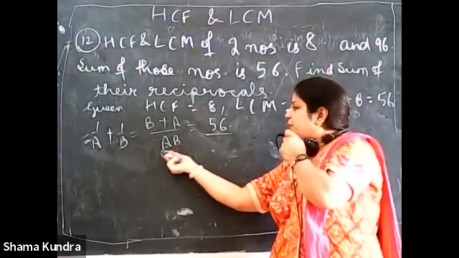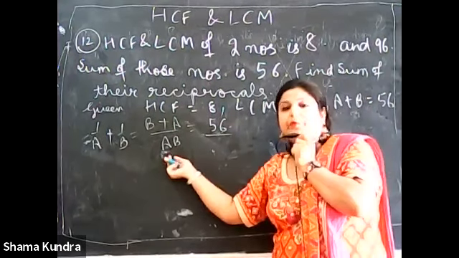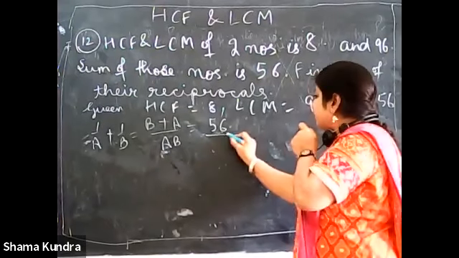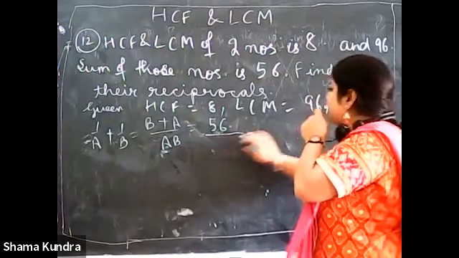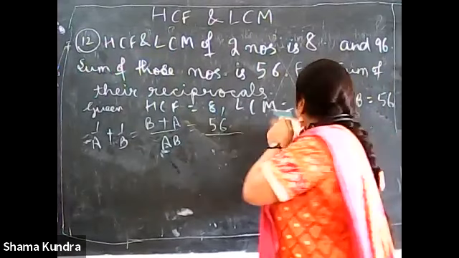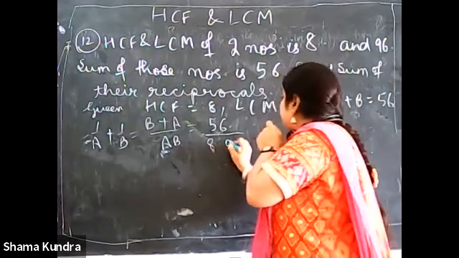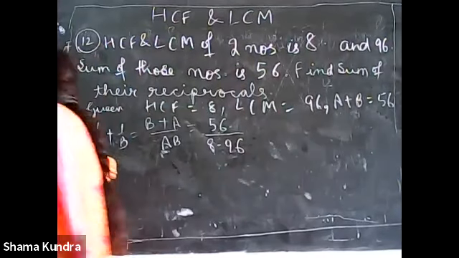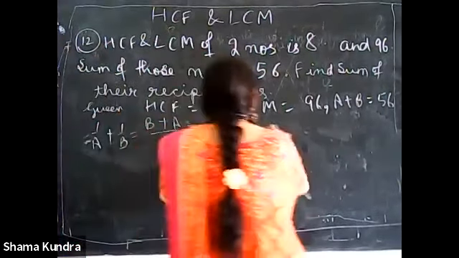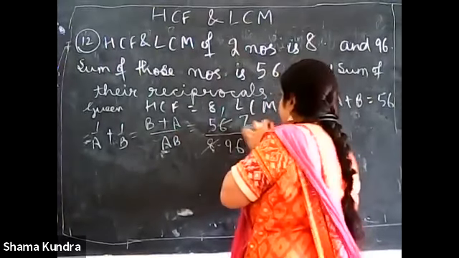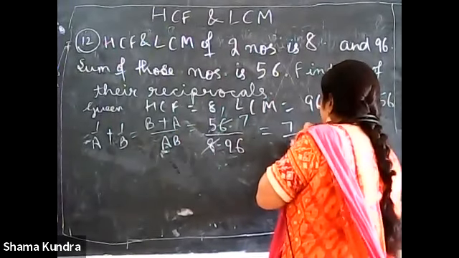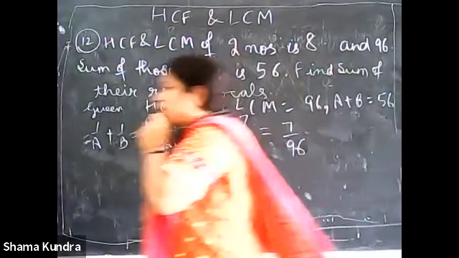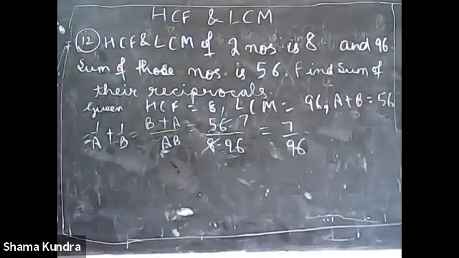As the product is not given but HCF and LCM are, I can write instead 8 into 96. On simplification, you will get 7 upon 96. This will be your answer.